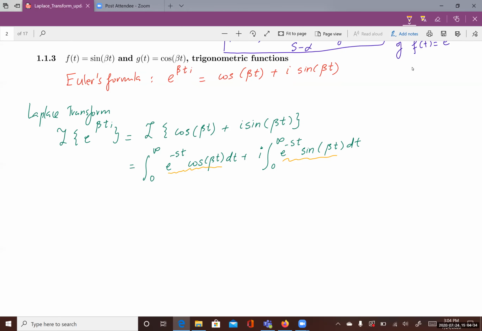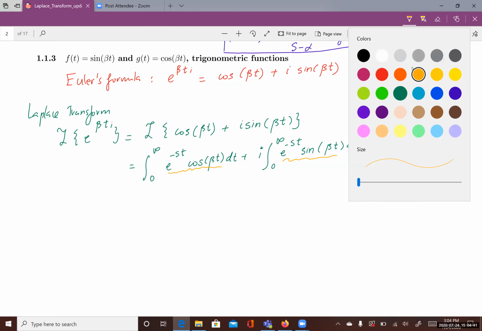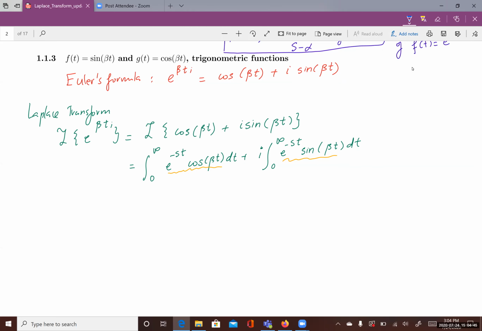All right, so from here, remember that we know how to derive the Laplace transform for e to the alpha t. Is that right? And in this case, I want you to treat i as a constant that goes with beta.